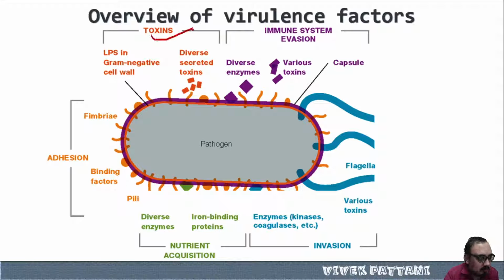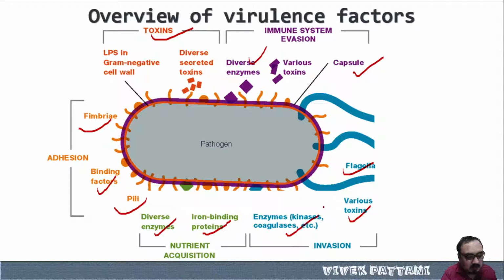Some may produce toxins, some may have different types of enzymes, some may have a capsule, some have fimbriae, some may have binding factors, some may have pili, and iron binding proteins, which are siderophores, or various other enzymes also.